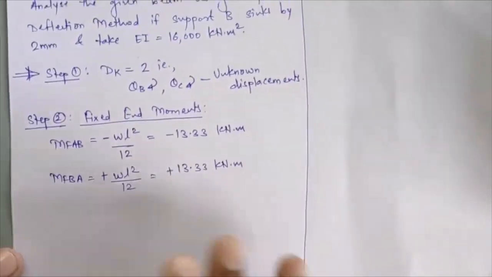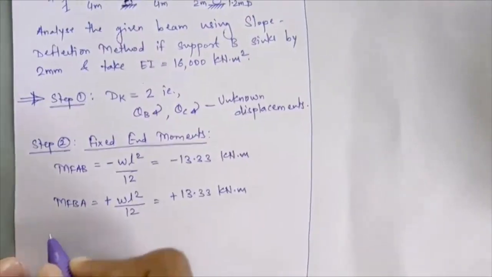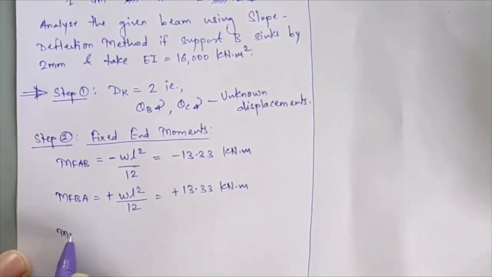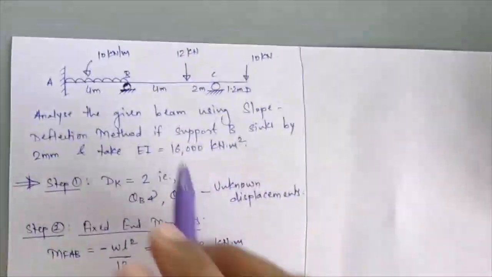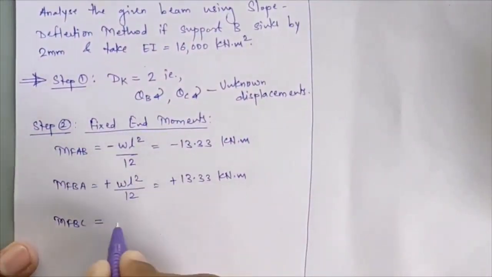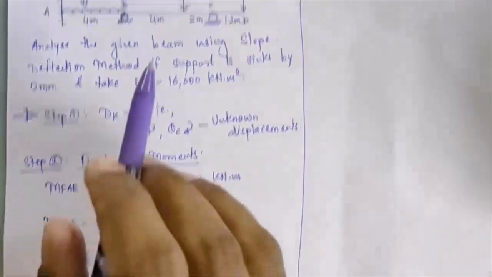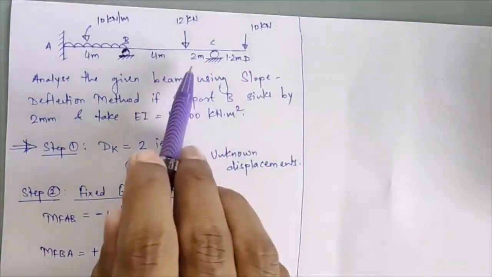Then in the next span, that is span BC, the next fixed moment will be MFBC. For a point load acting at a non-central distance, that will be equal to minus WAB square divided by L square, where A is 4 meter and B is 2 meter.